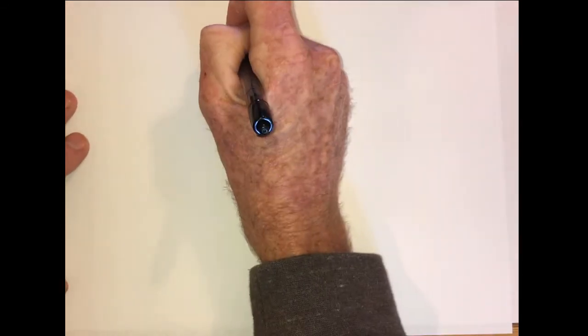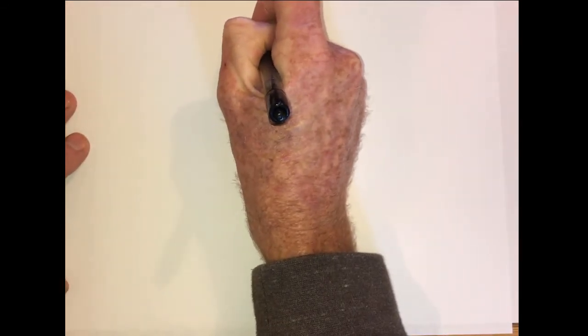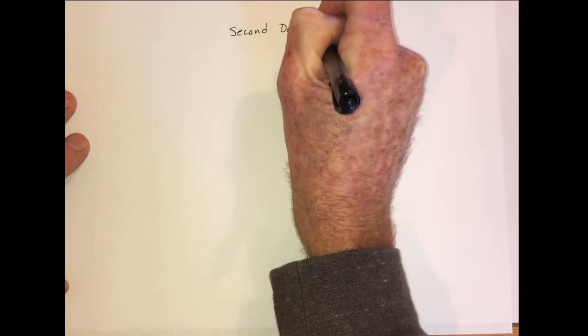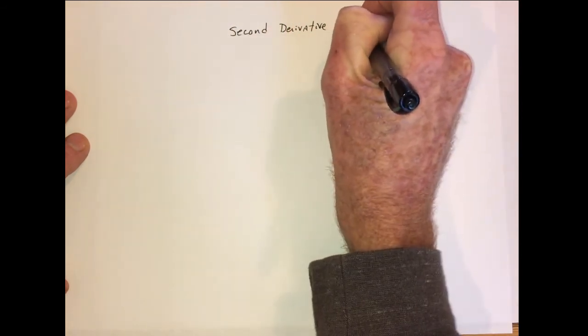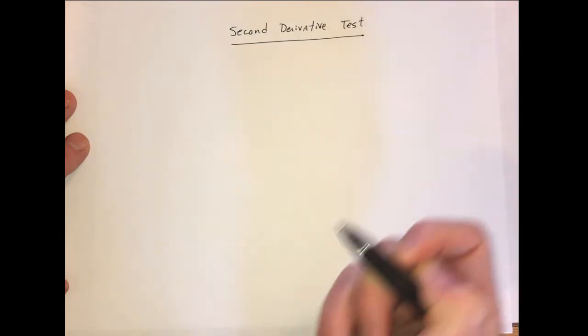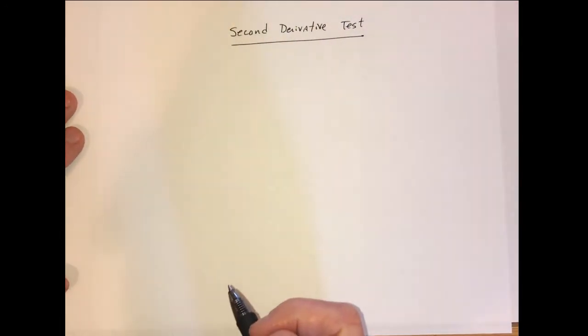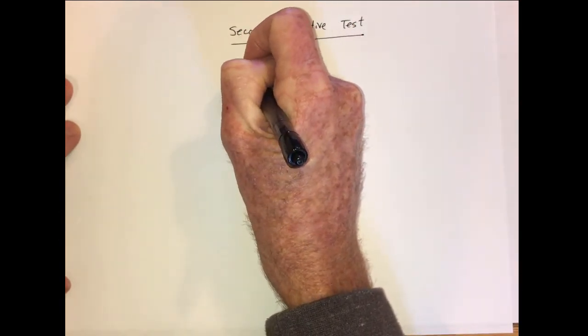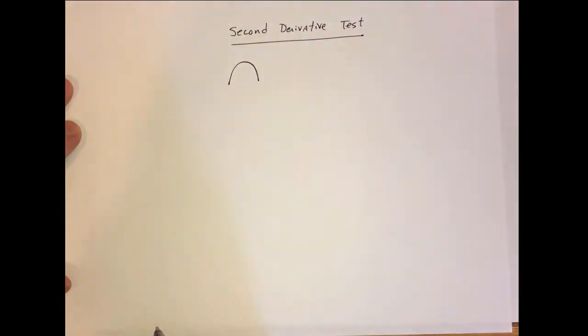Now there's something called the second derivative test, which, believe it or not, uses the second derivative. So basically it goes like this. If the second derivative is negative, that means you know it's concave down.